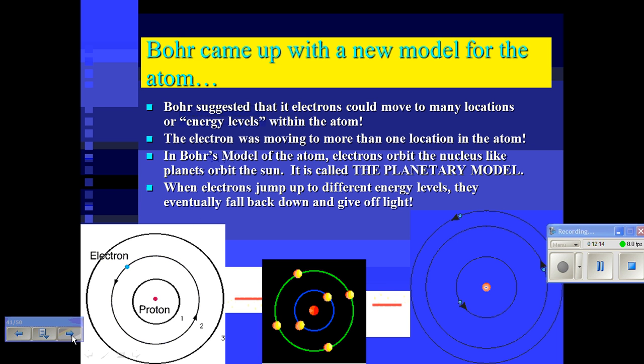Bohr explained that as it gains energy, then that electron is going to have to also lose it to fall back to its ground state, or the state where it's not excited, doesn't have extra energy. And when it falls, that energy has to go somewhere. So where does that energy go? It's released, and our eye detects that as light.